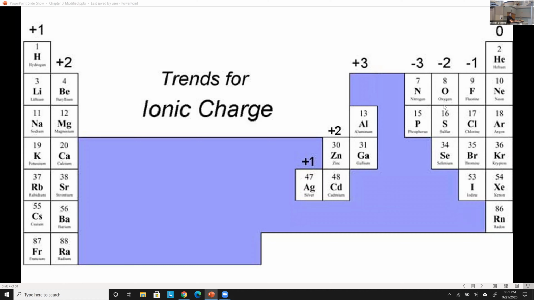Once they gain those 2, they become -2. The same thing is true for nitrogen and phosphorus, where they have 5 valence electrons. They're in 5A, they want to gain 3 more, and once they gain those 3, they become -3. So those are the trends that you should know. Any questions on those?